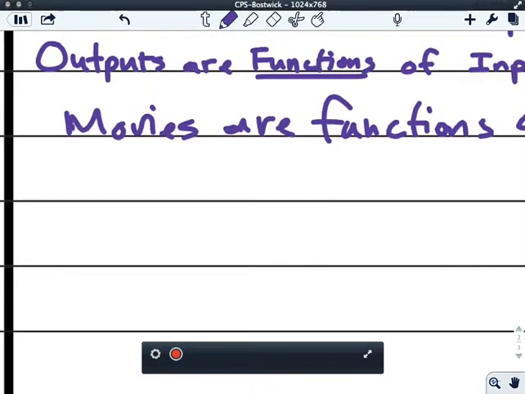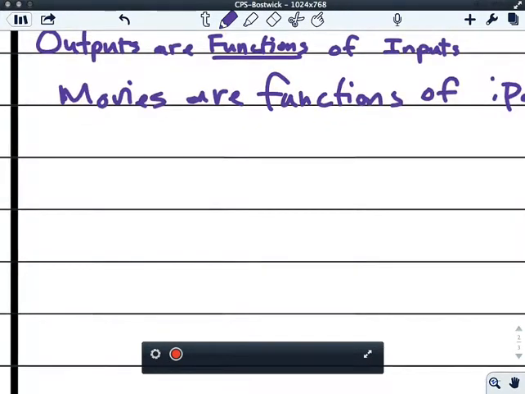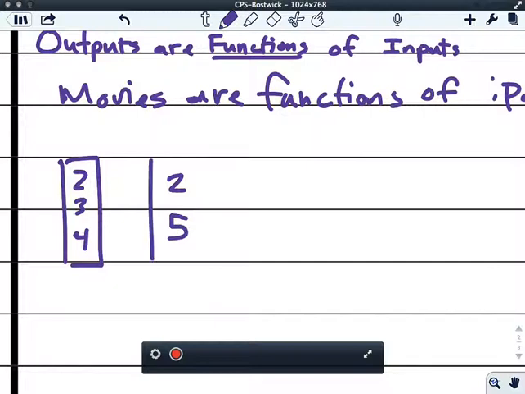Let's look at an example that we looked at before. So we had this mapping relationship where we had 2, 3, and 4, and then we had, let's just say, 2 and 5 over here. And so these are my inputs, and these are my outputs. 2 maps to 2, 3 maps to 2, and 4 maps to 5.